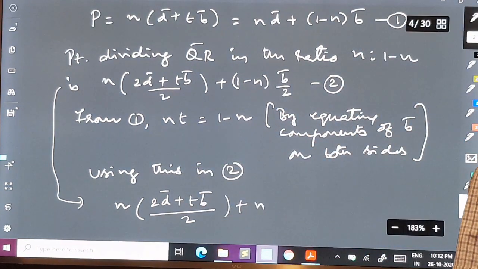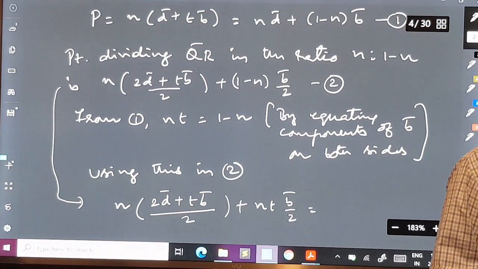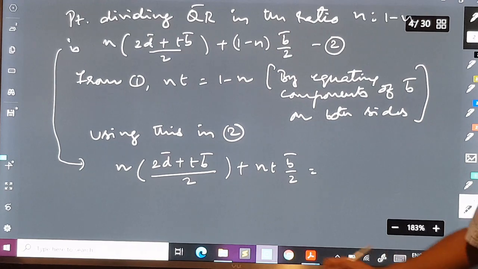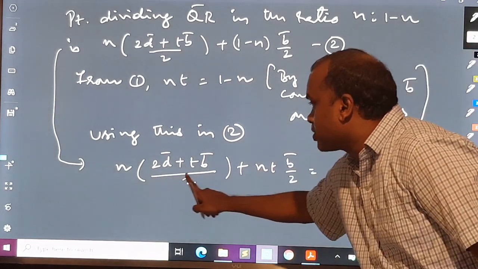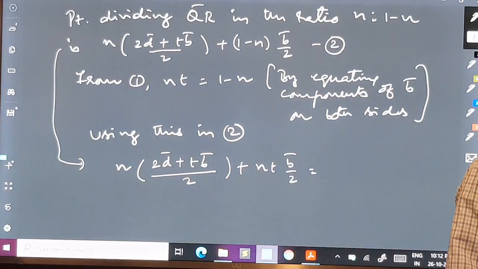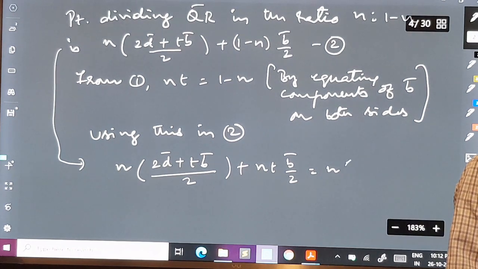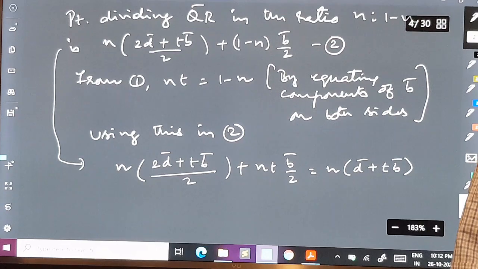So I will get nt into B bar by 2. So what am I getting from this? Observe that after simplification, the whole thing will become n into D bar plus TB bar.